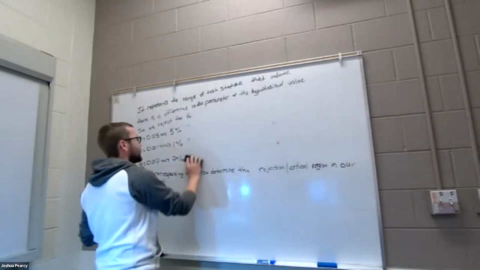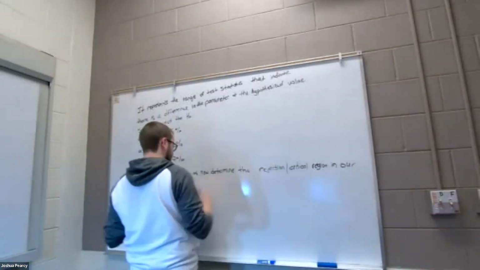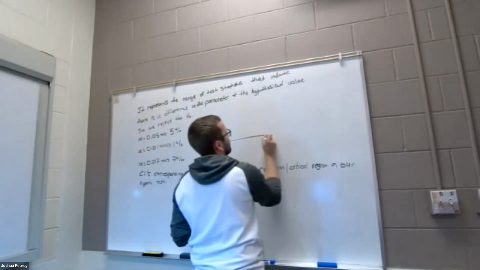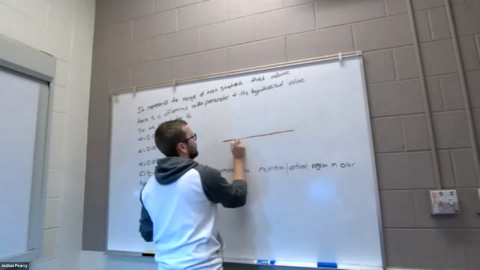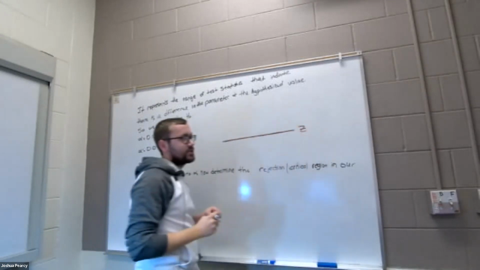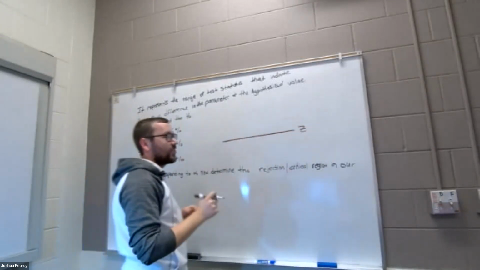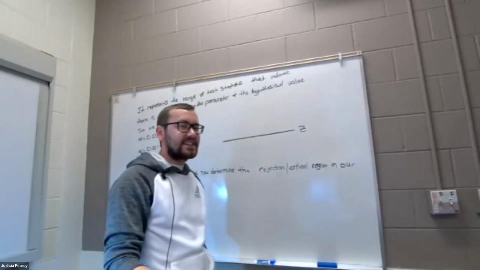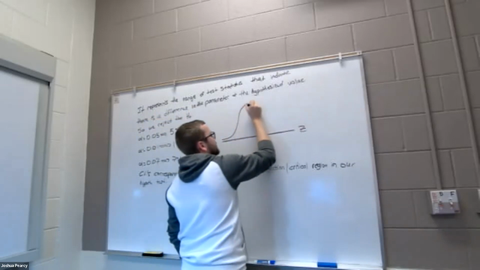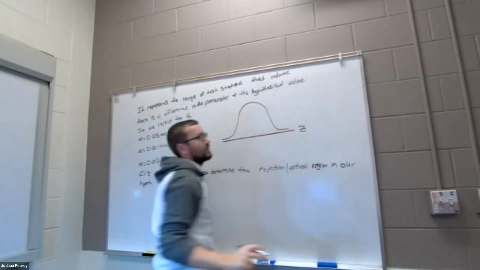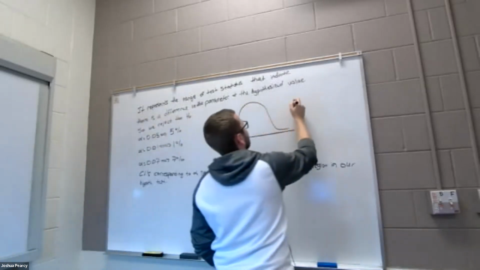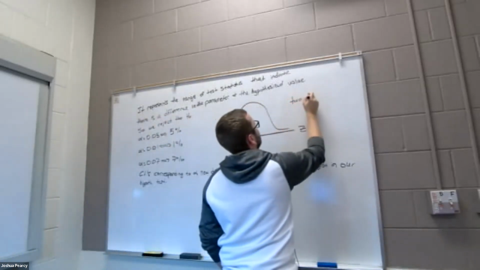So what's that going to look like? Say, for instance, here you have a Z distribution. So we're going to look at what are called Z statistics or Z test statistics and T test statistics. So then we're going to be dealing with the distribution of the Z scores. And say we're doing a two-tailed test.